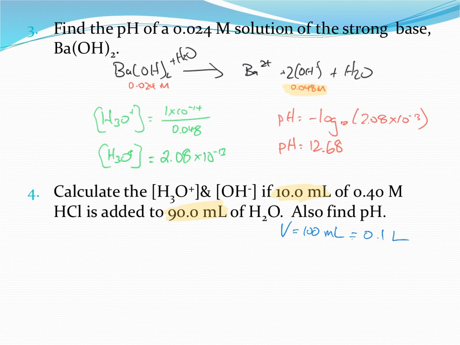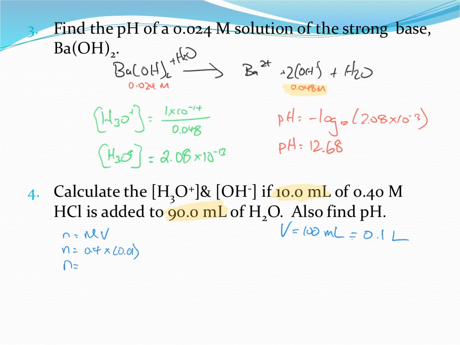Now we have to know how many moles of hydrochloric acid we have. The number of moles is equal to the molarity times the volume.